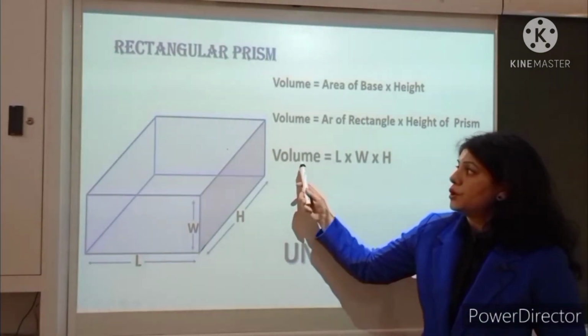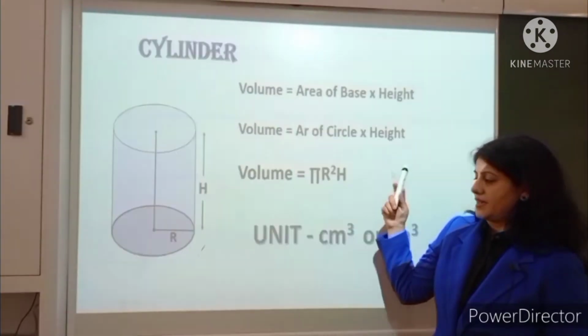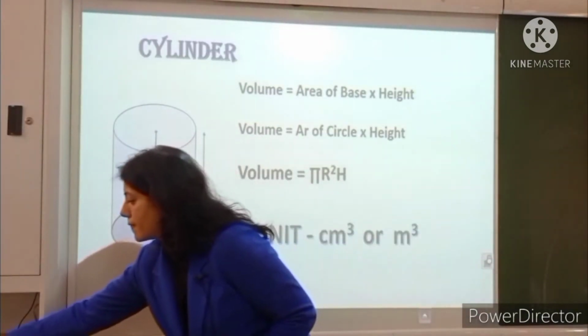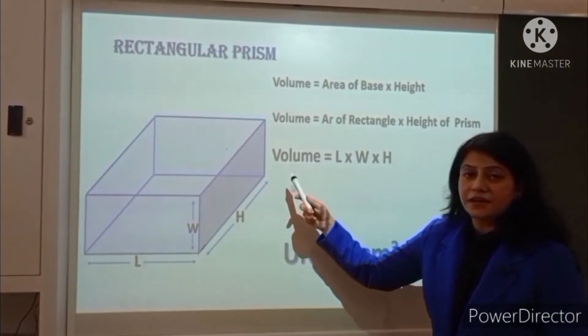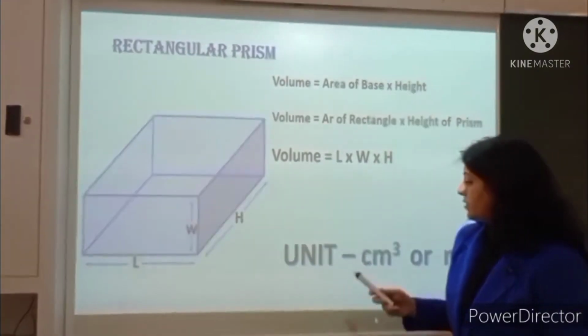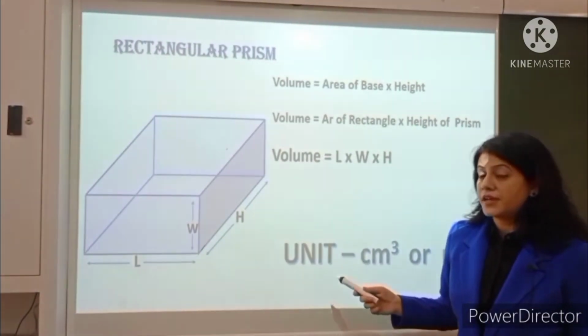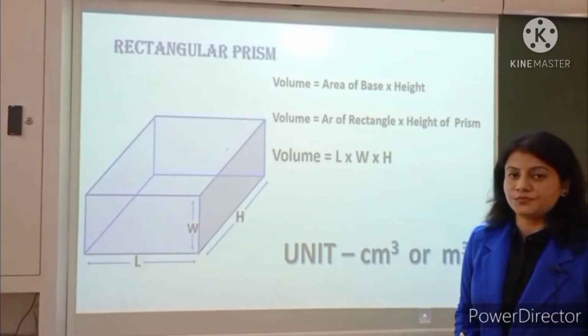Therefore, the volume of the rectangular prism is length times width times height, and the unit for calculating the volume is centimeter cubed or meter cubed.